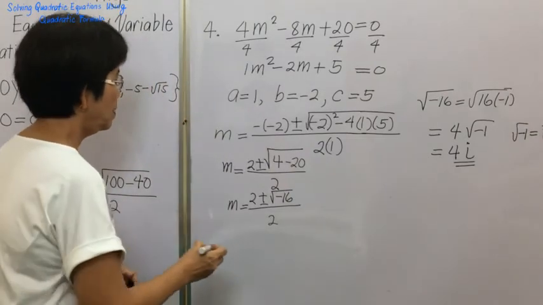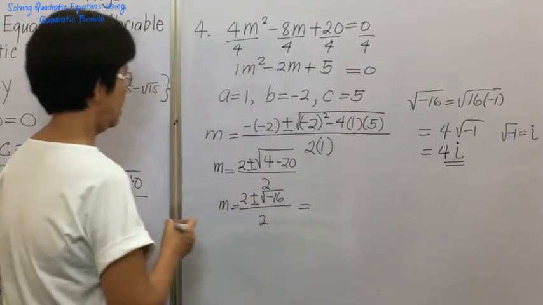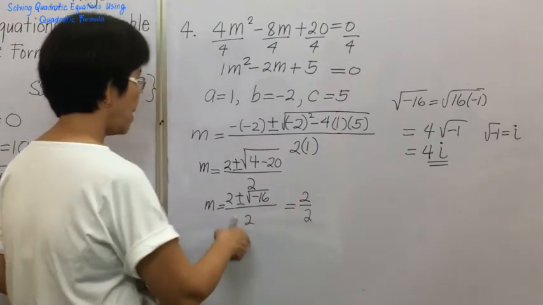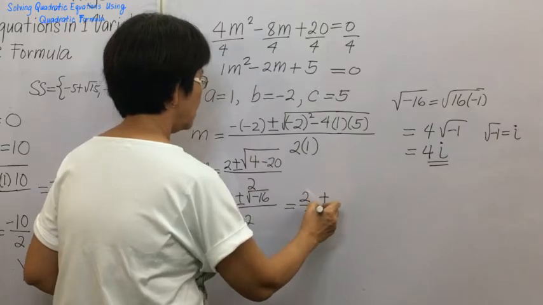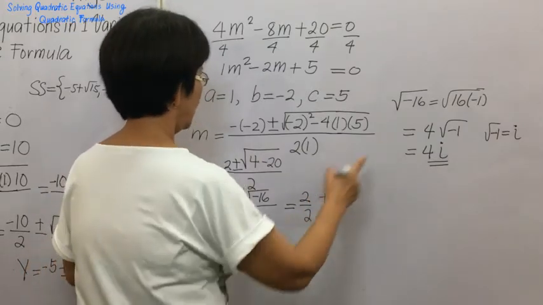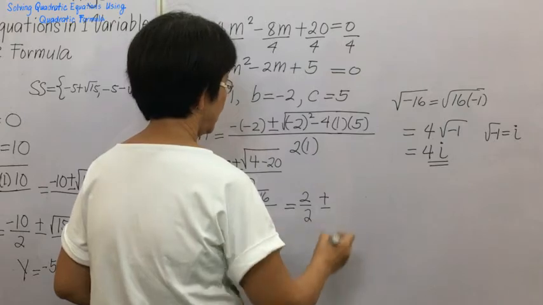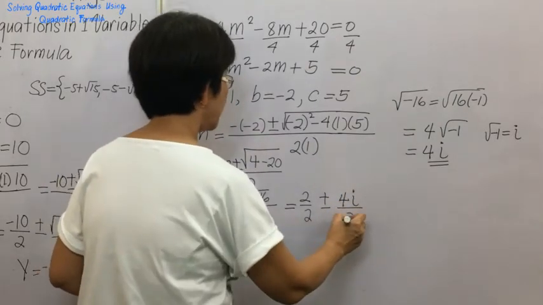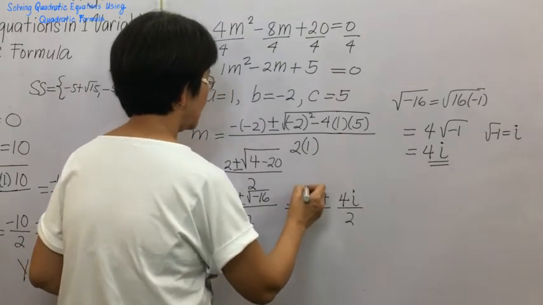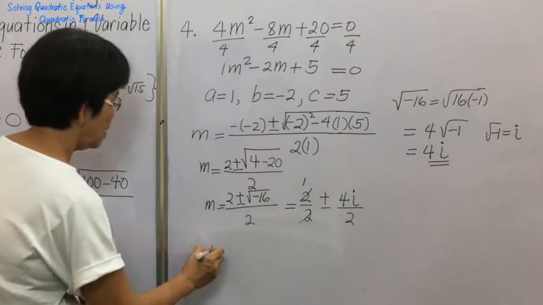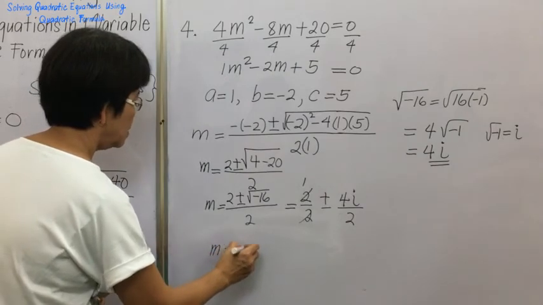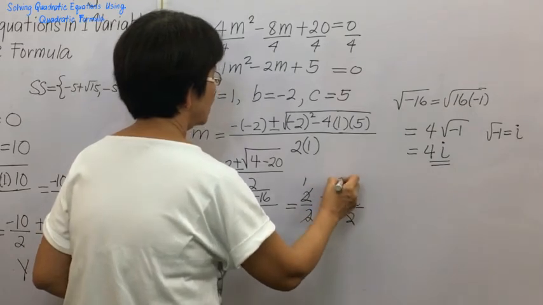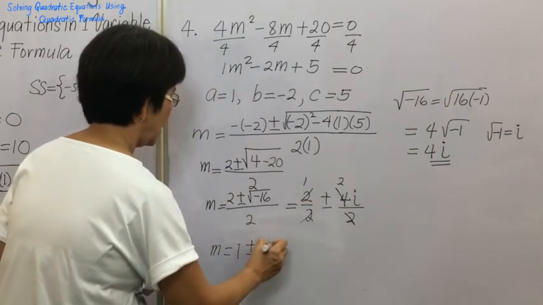So we'll be simplifying this as 2 over 2, a separate fraction, plus or minus the square root of negative 16 is 4i over 2. 2 divided by 2 is 1. So m equals 1 plus or minus 4 divided by 2, 2i.